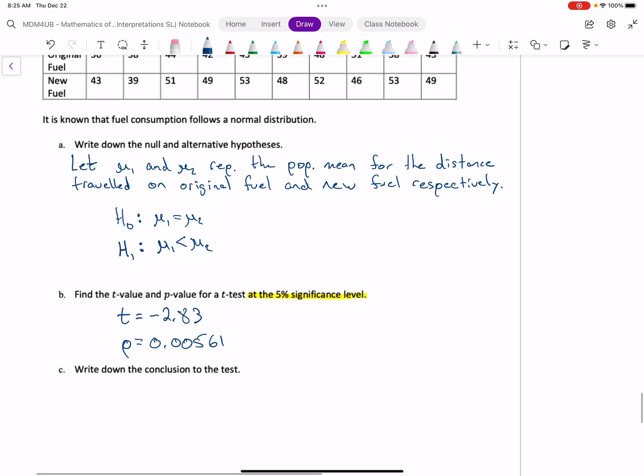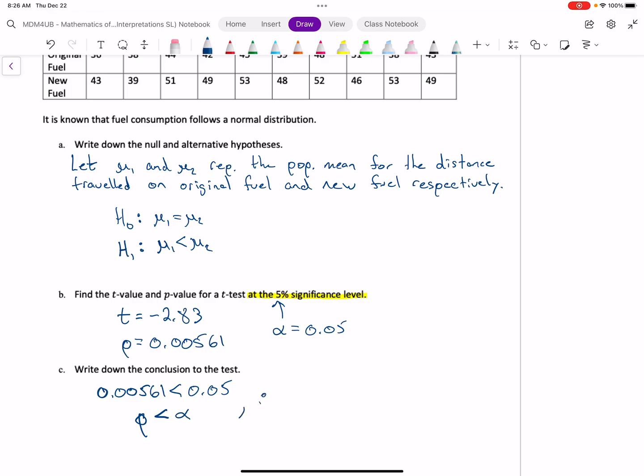So in this case, we know that our p-value, 0.00561, is definitely less than alpha, which is 0.05. So we say p less than alpha.